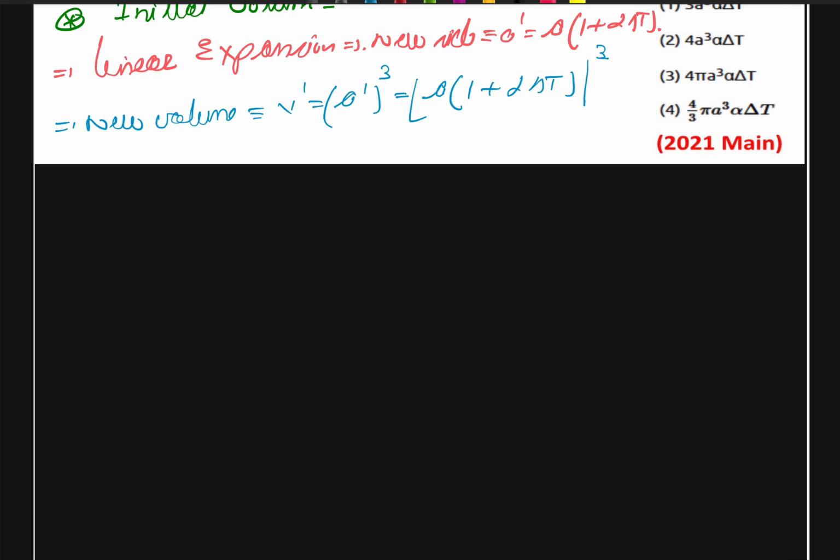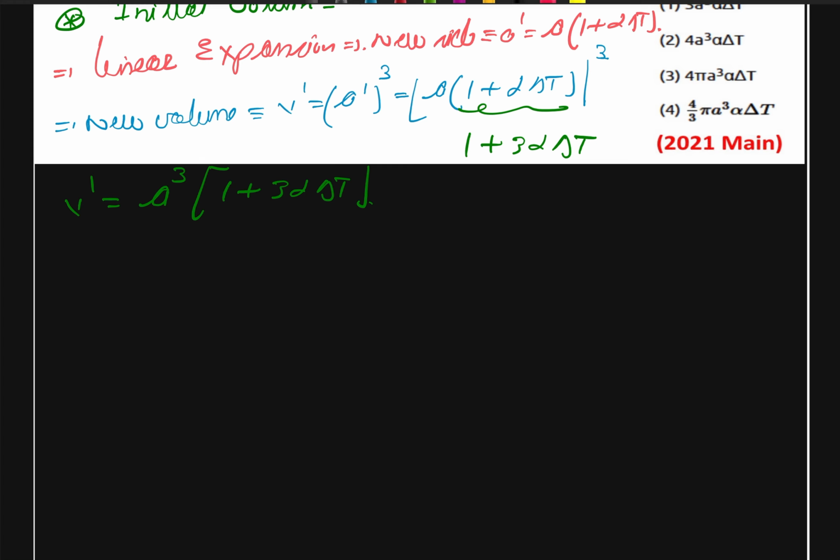So V prime will be equal to A cube, and we can expand it binomially. This term will be equal to 1 plus 3 alpha delta T.